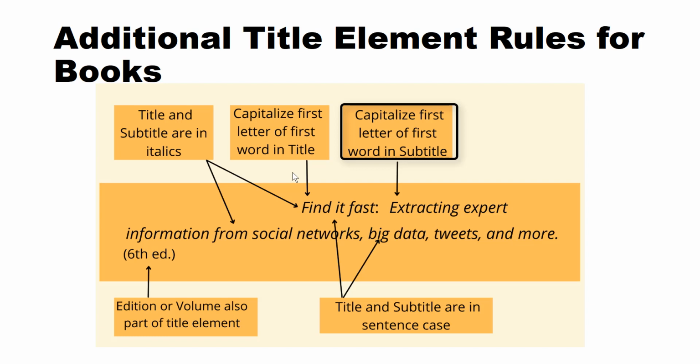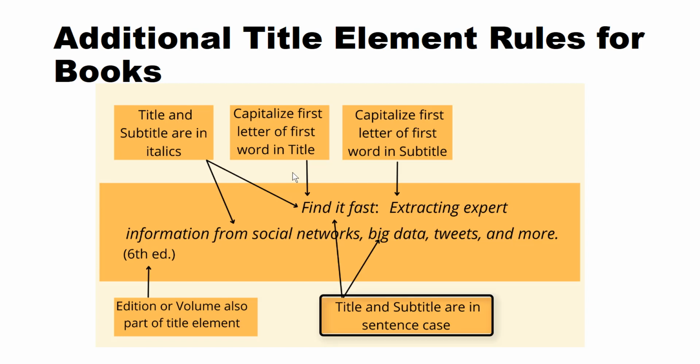You have to capitalize the first letter of the first word in the subtitle. And another thing that you need to be aware of is that the title and the subtitle are in what is called sentence case. That means that, again, the first letter of the first word only is capitalized, and all the other words are not capitalized, just like it would be in a regular sentence.